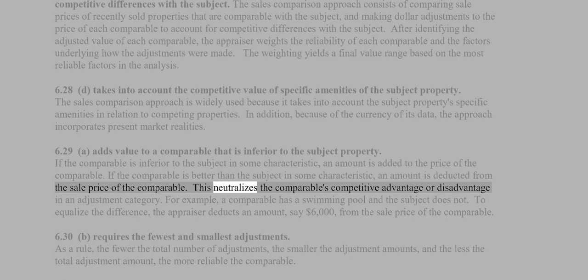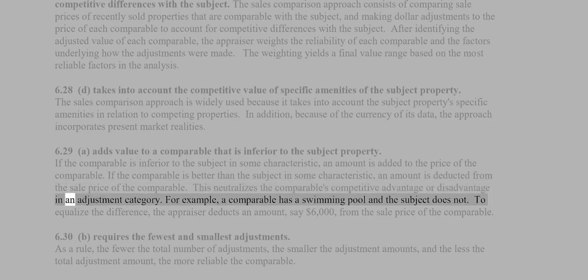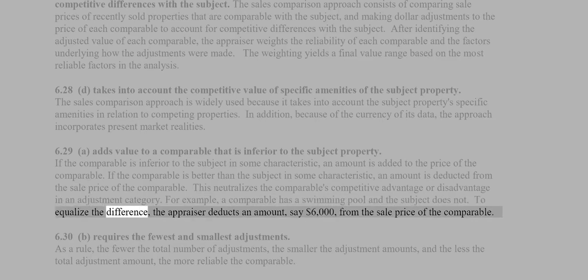This neutralizes the comparable's competitive advantage or disadvantage in an adjustment category. For example, a comparable has a swimming pool and the subject does not. To equalize the difference, the appraiser deducts an amount, say $6,000, from the sale price of the comparable.